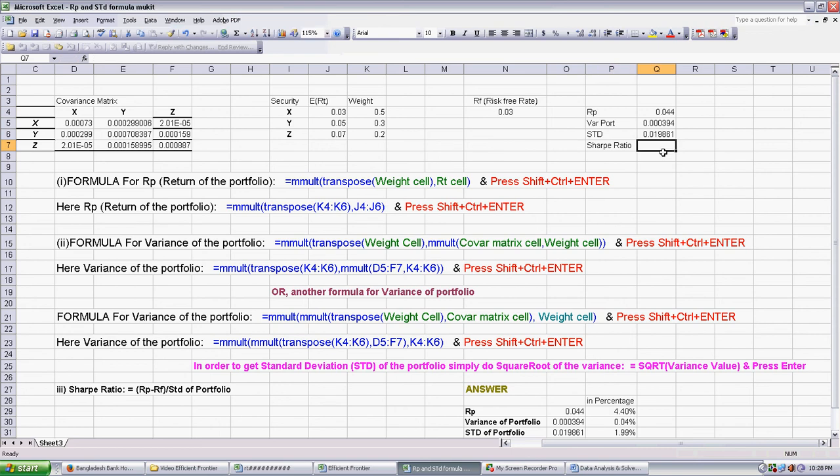The formula of the Sharpe ratio is return of the portfolio minus risk-free rate of return, so our return of the portfolio is this one, minus the risk-free rate, this one, divided by the standard deviation of the portfolio, this one, and press enter. You will get the Sharpe ratio. So in this way you can find the return of the portfolio, variance of the portfolio, standard deviation of the portfolio, and the Sharpe ratio.